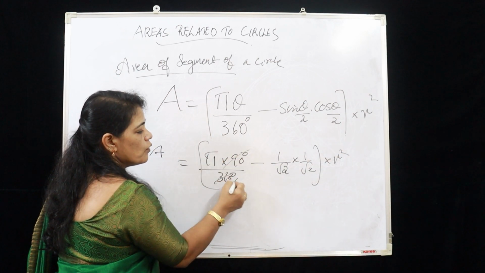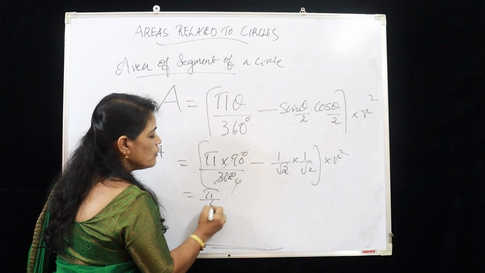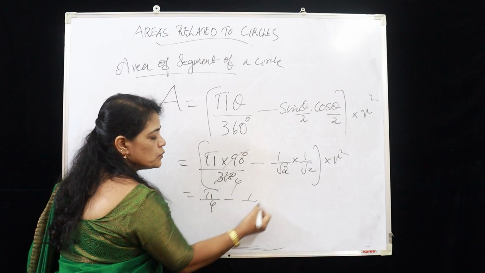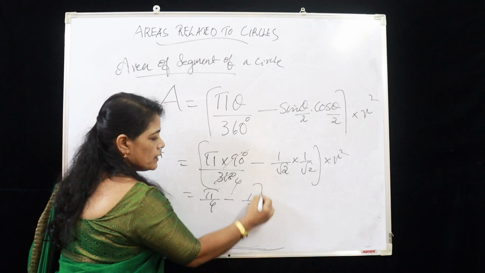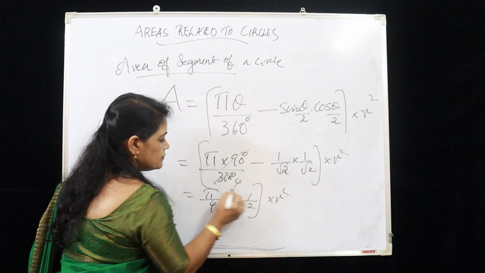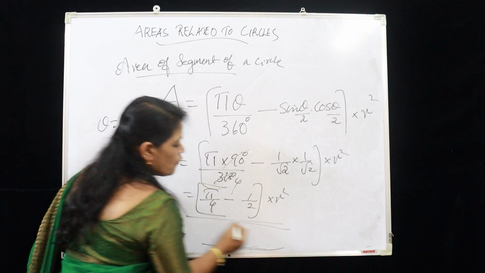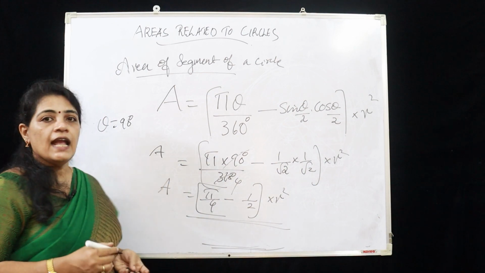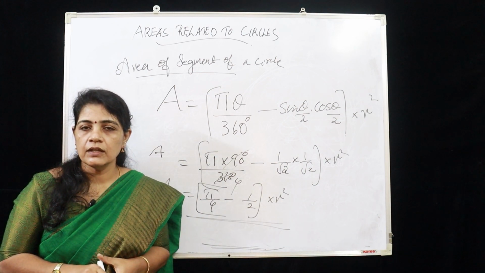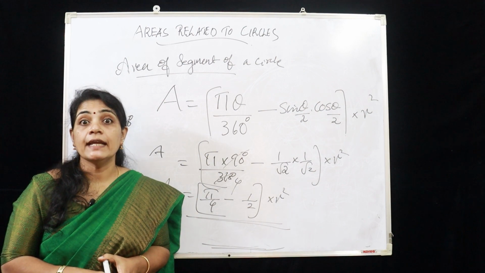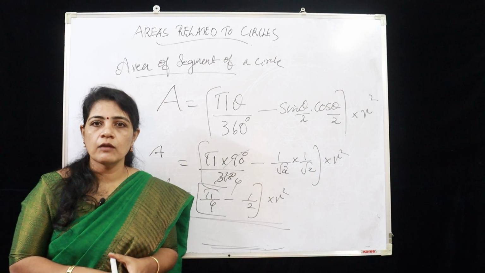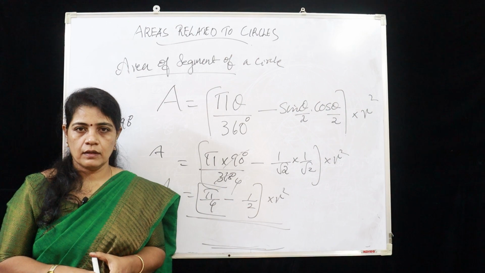Here 90 goes 4 times, so pi by 4 minus root 2 into root 2 is 2, into R square. This is the formula for the area of the segment when theta is equal to 90 degree, that is pi by 4 minus 1 by 2, into R square.